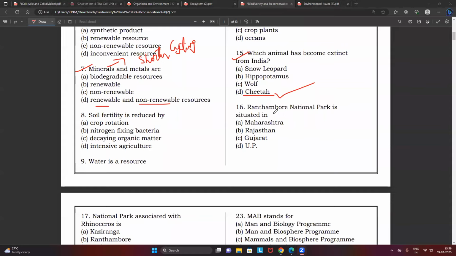I told all of you to remember the conservation status, which is endangered. And what is the conservation status of the lion? Lion is also endangered only. Never get confused with that point.